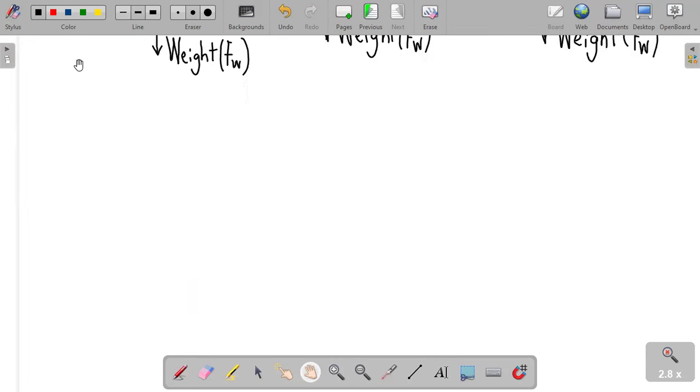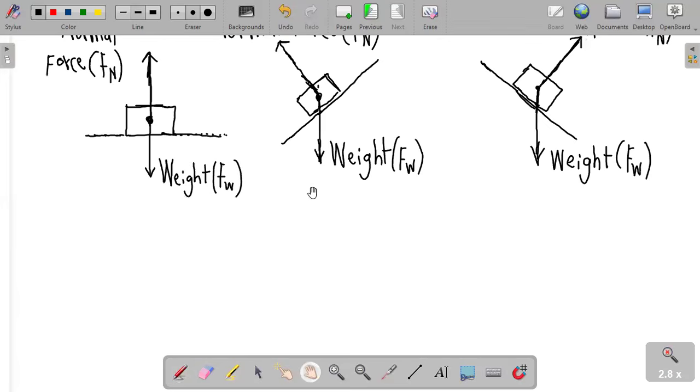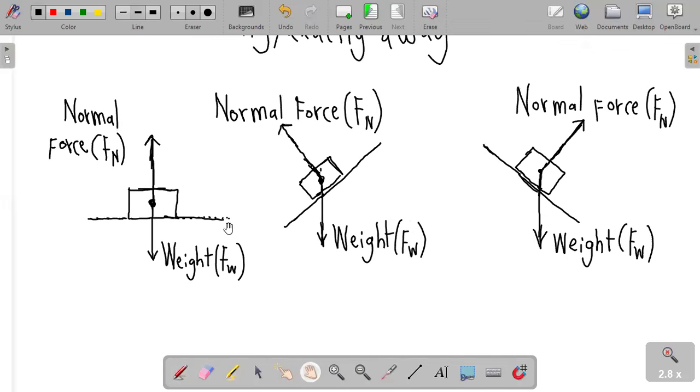So in all these cases, what did I say? I said that the object is resting. There are cases where the object is moving, it's not resting. In that case, it means the object is in motion.